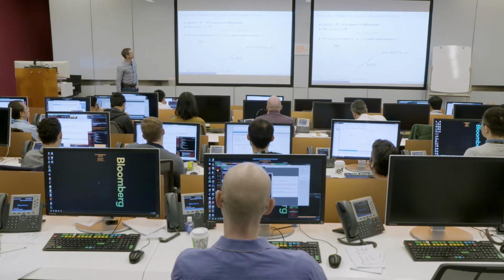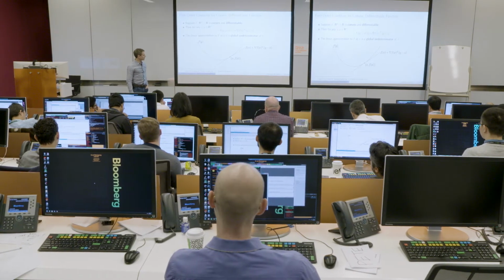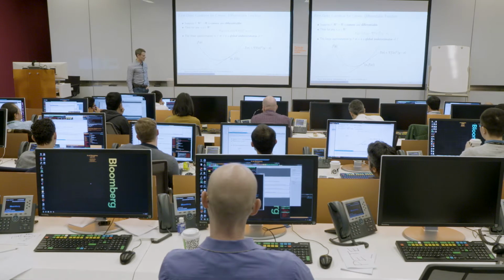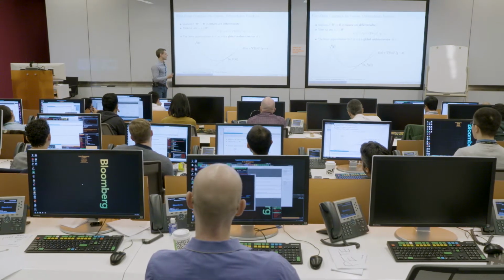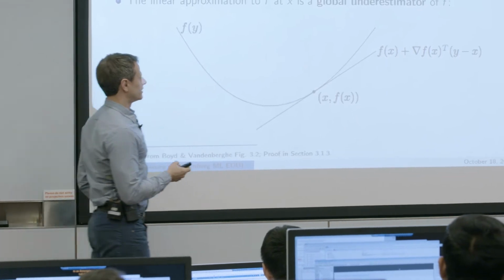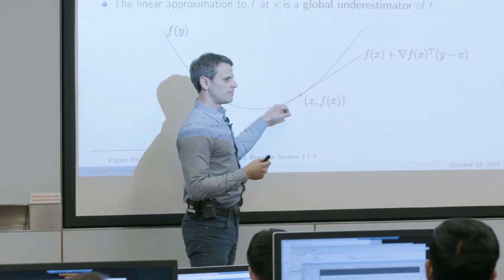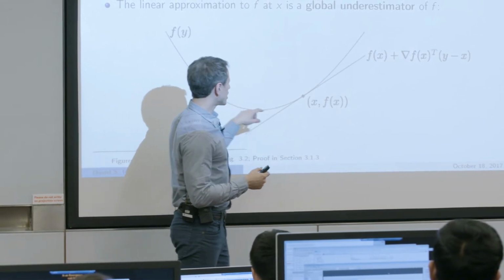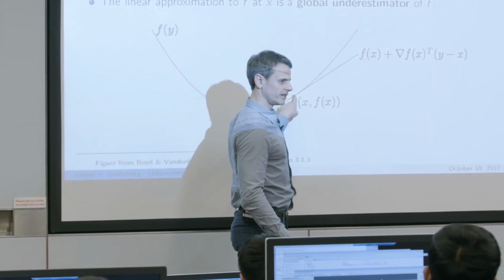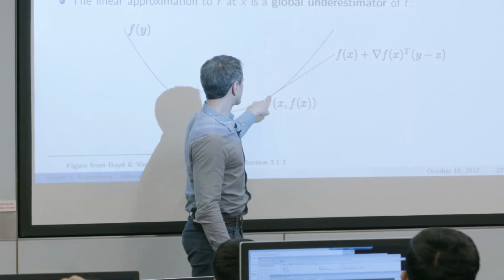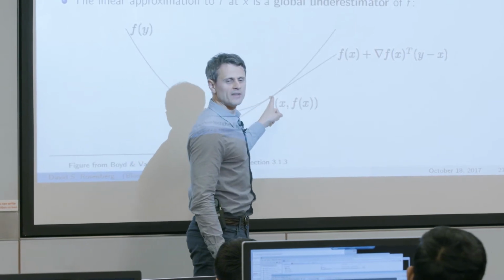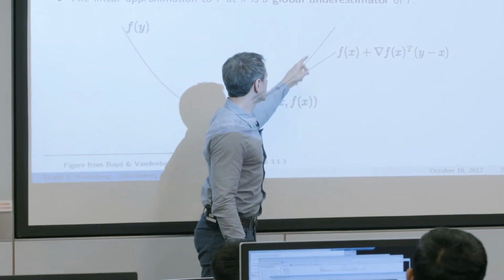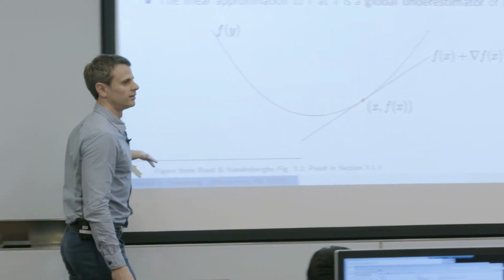This is actually, I don't want to oversell it, but it's a little bit profound in the following way, that we are getting global information about the function f just from information about the function at one point. So by looking at the gradient and the value of the function at just x, we've now found a lower bound that applies to this function everywhere.